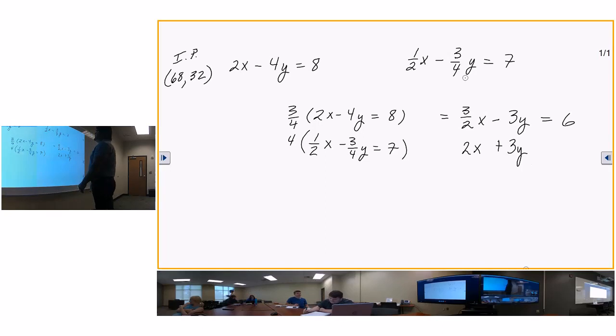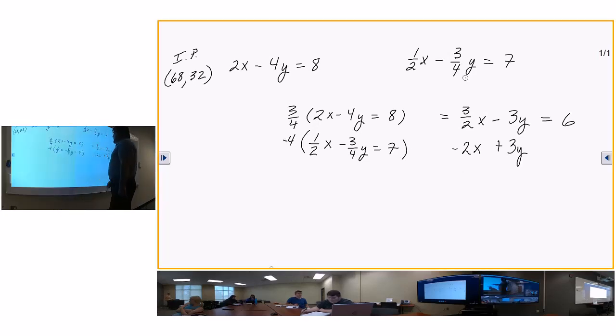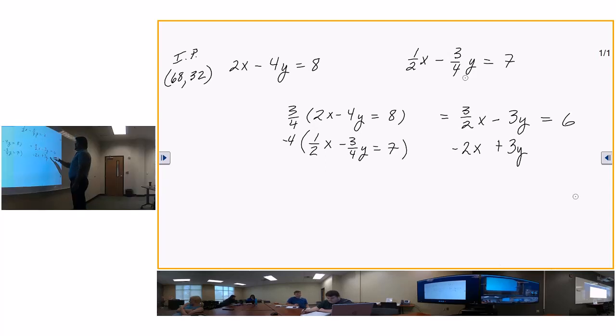Wait a minute, I thought I had opposite. No, I don't. Shoot. So I've got to multiply this one by negative. My bad. So that'd be -2 plus 3 equals what? Negative 28. I thought that was opposite signs.